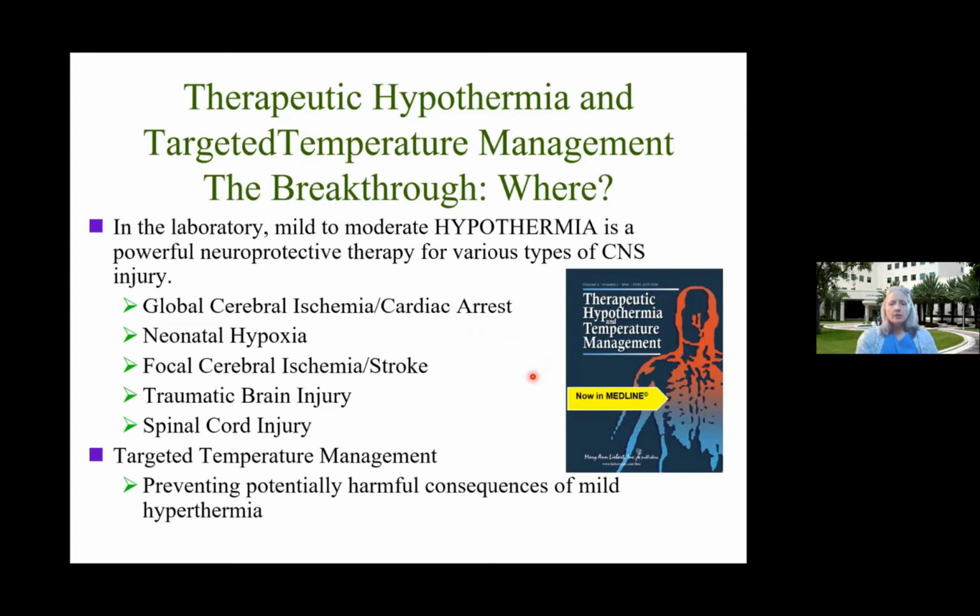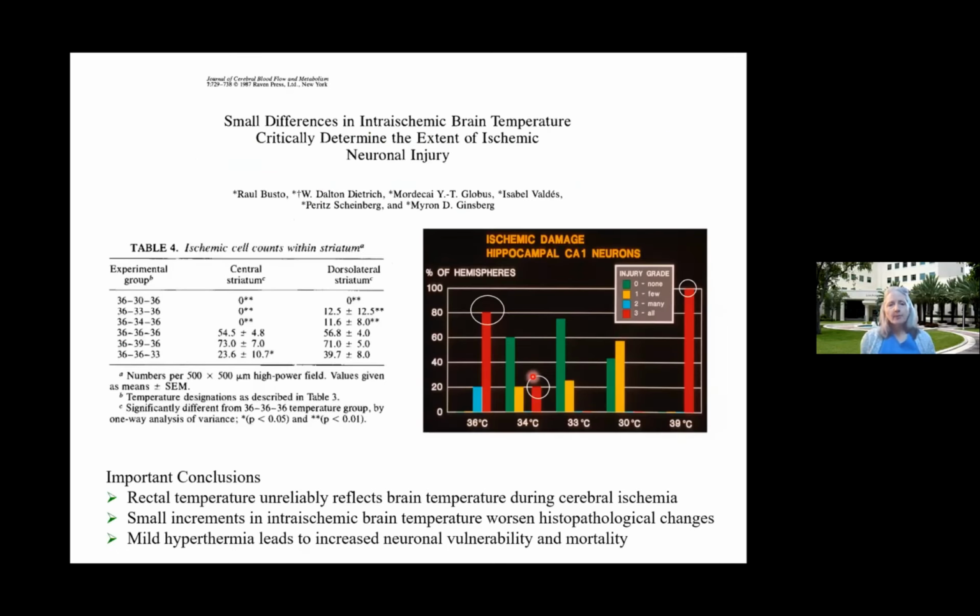So this was the first seminal preclinical paper that we did in the laboratory, published by Dr. Dietrich and Professor Busto, looking at small differences in intraischemic brain temp. And this was published a really long time ago, 1987, but it was really an important paper because it showed very elegantly that if you drop temp after global cerebral ischemia in an animal model, you could prevent CA1 cell loss, whether it was 30 degrees, 33, and even 34.